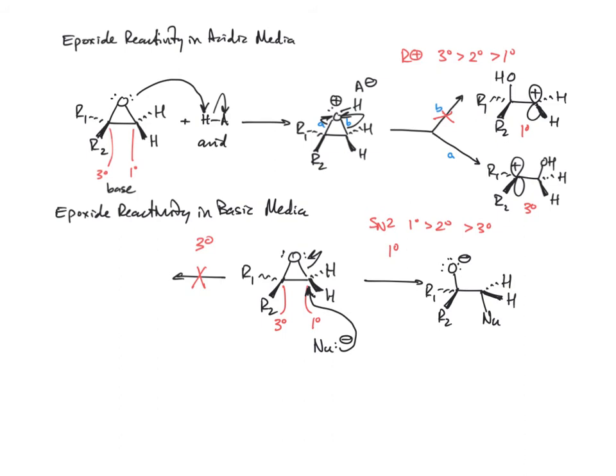So this is how it would proceed, but let's just go ahead and draw the product if the nucleophile were to attack this carbon. We'll just draw that over there so we can visually see. So I always encourage students when they're learning this to always draw out these different possibilities so you can make the best decision possible.